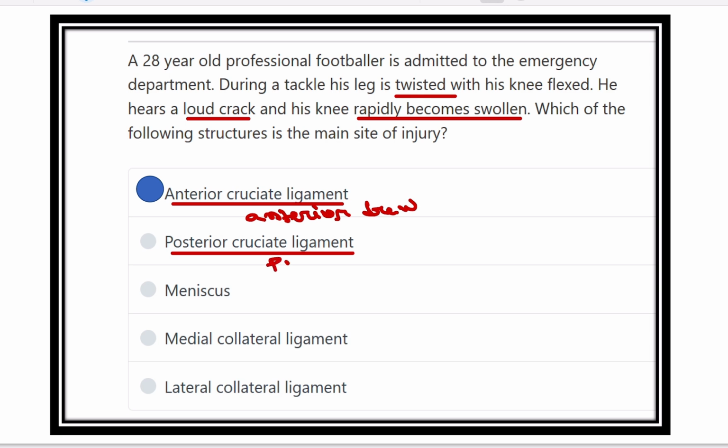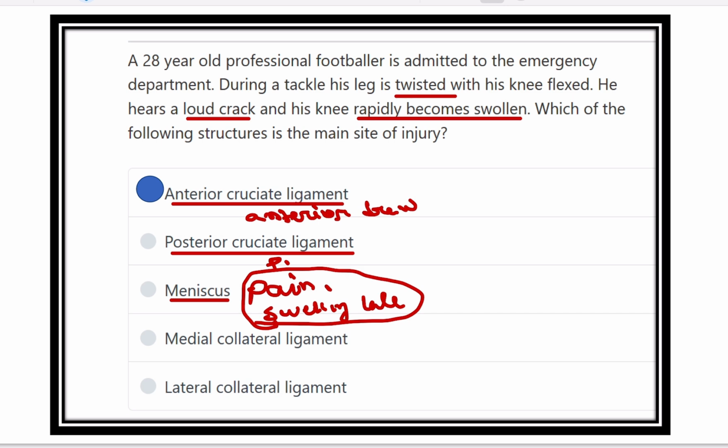In case of menisci tear, what occurs? The McMurray test is positive, and pain develops but the swelling is late. So pain develops and swelling is late: it is a menisci tear. But when there is rapid swelling of the knee joint, in this condition it is the anterior cruciate ligament.